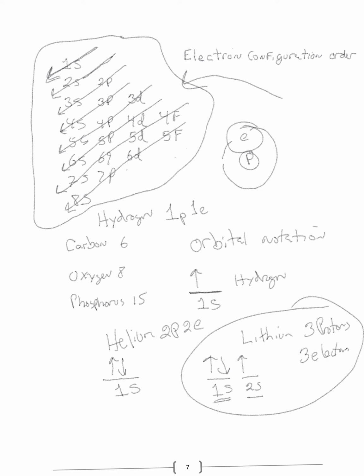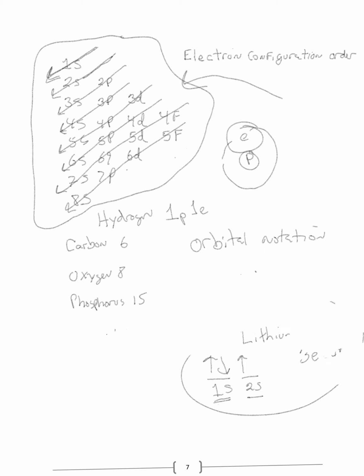So how about if we start adding more electrons? If we look at larger elements, what I'm going to do is look at carbon, oxygen, and then finally we'll look at phosphorus. So carbon has 6 protons.